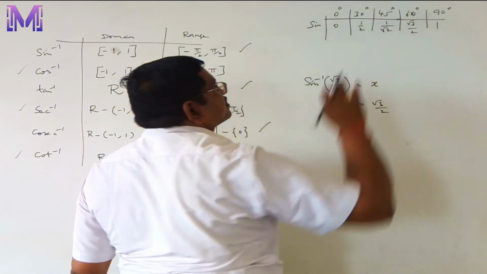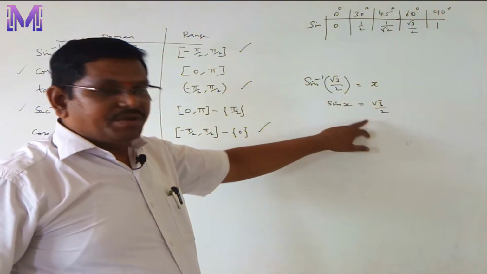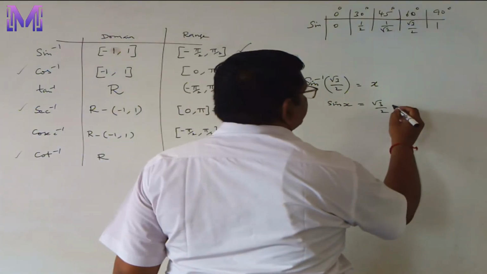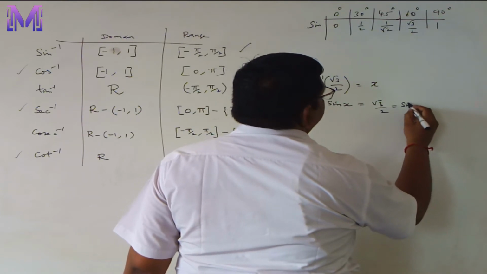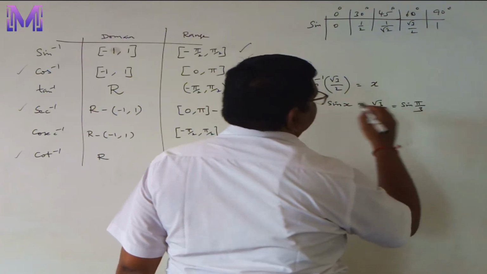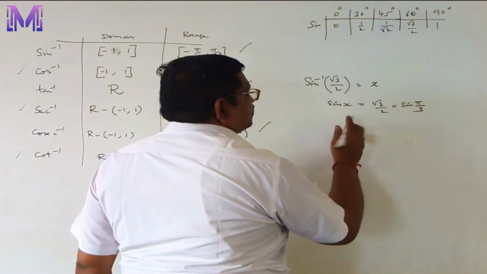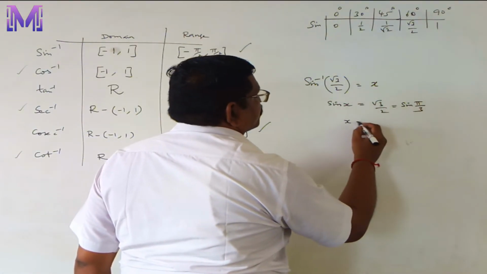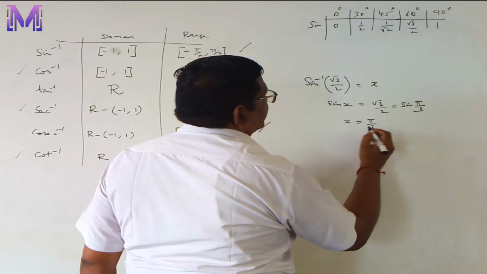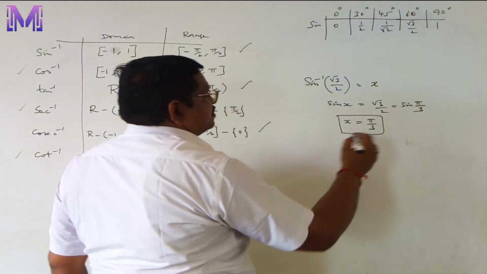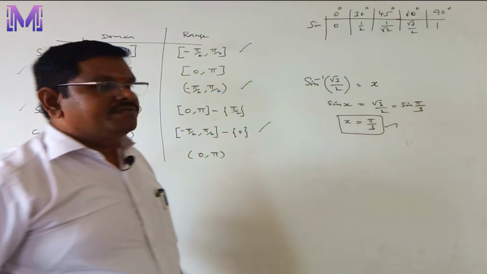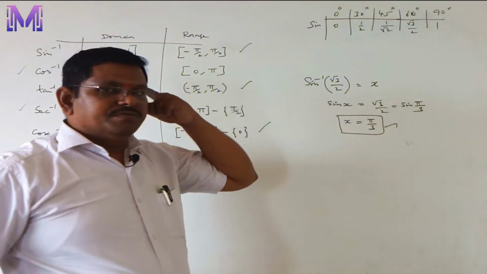So sine 60 degrees gives root 3 by 2. Instead of writing root 3 by 2, we can write sine of 60 degrees, that is pi by 3. Both sides have sine, so we remove sine, and x is equal to pi by 3. This is the answer. This is called the principal value of sine inverse of root 3 by 2.